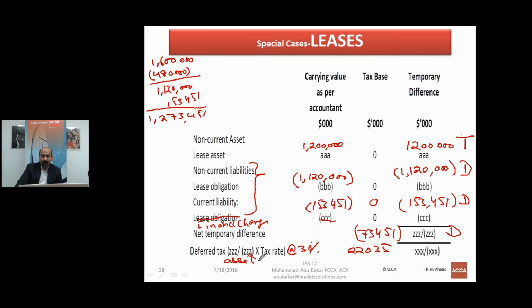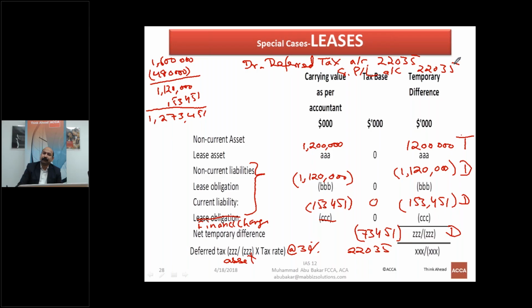Okay, so its entry will be, because this is the first year, debit deferred tax asset with the 22,035 and credit profit and loss or income tax expense, you can name it, 22,035. So you will make this entry.